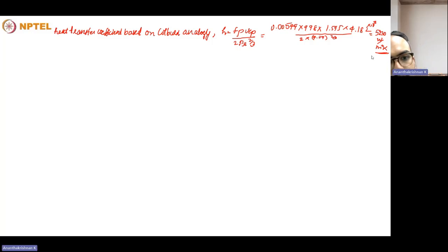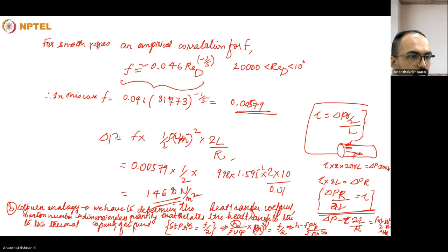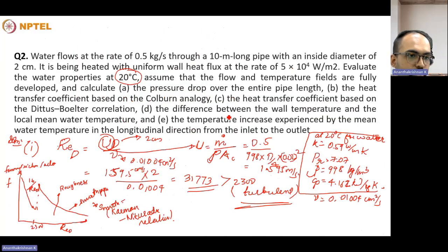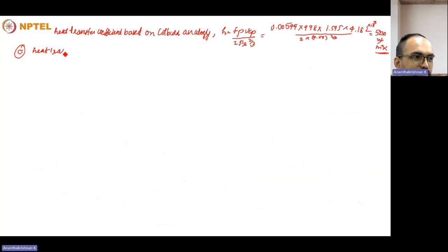Now we need to check whether this heat transfer coefficient is the same as what we get using the Dittus-Boelter correlation. Our Reynolds number is very much greater than 10,000.